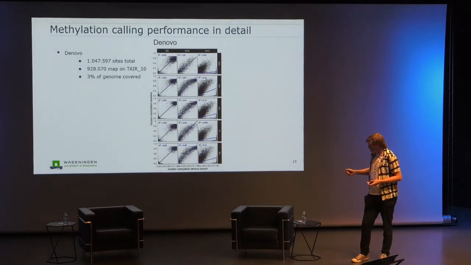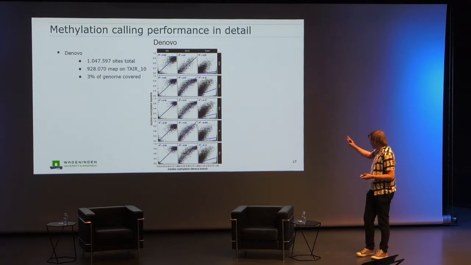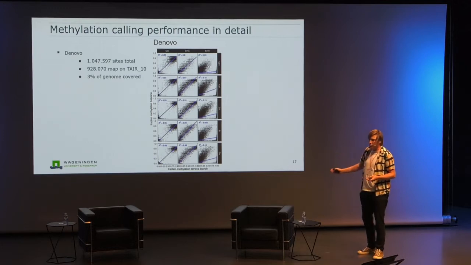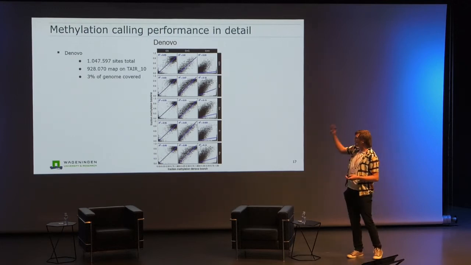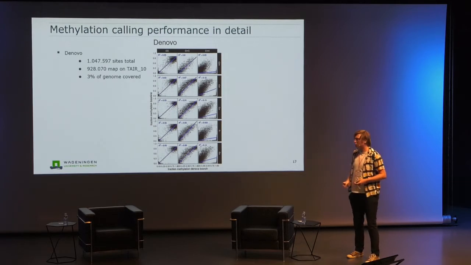When we look at the methylation calling, this is a quite complicated graph, but the x-axis is the fraction of methylation in the de novo branch of EpiGBS, while the y-axis is the methylation percentage in the 1001 epigenomes for all the different sites that were covered.